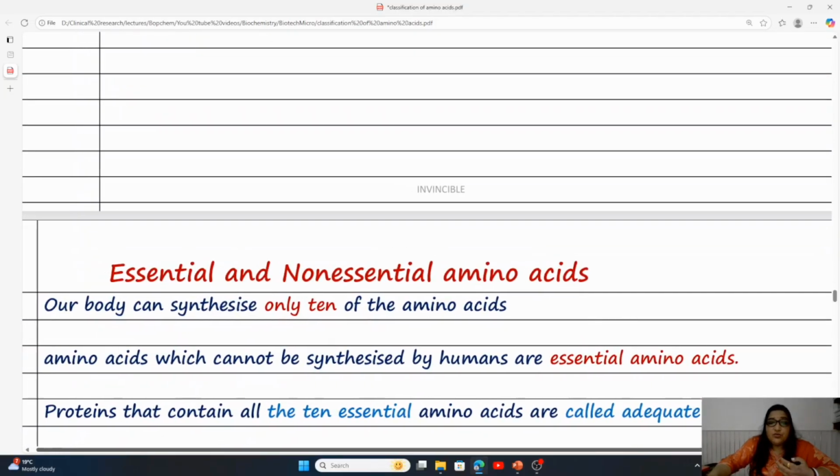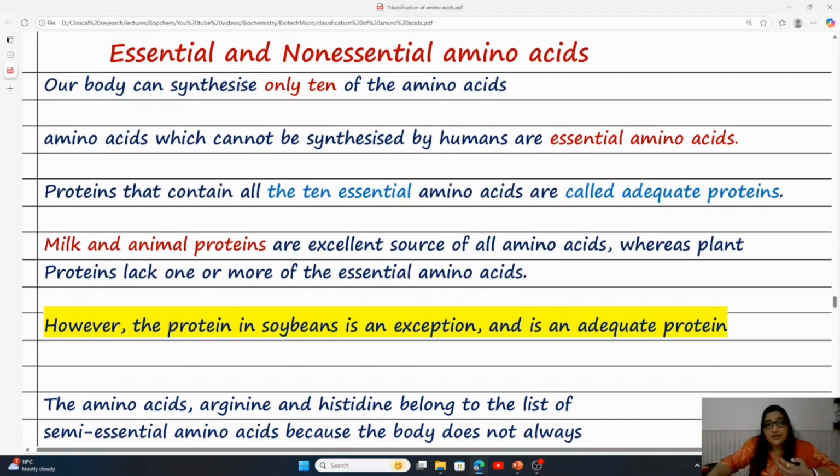So now the essential and non-essential amino acids. Our body can only synthesize 10 of the amino acids. So there are certain amino acids which will be required in the regular diet so as to maintain the proper structure and function of the body.